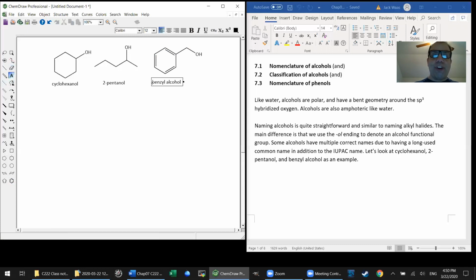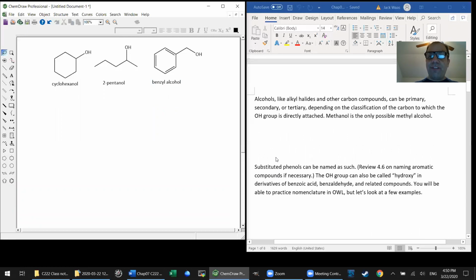So it has one more carbon in it than phenol. In phenol, the OH group is attached directly to the benzene ring, but not for benzyl alcohol. I don't know if it's going to be necessary for you to have that name memorized, but I would like you to remember it well enough that when you see it, you're not tricked by that terrible word benzyl, which does not mean what it sounds like it means.